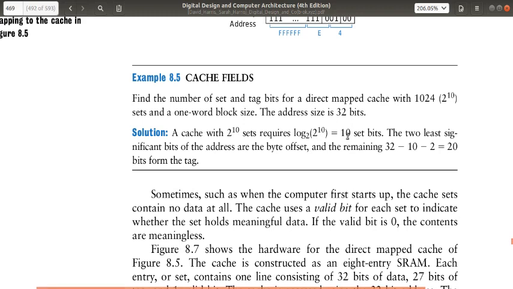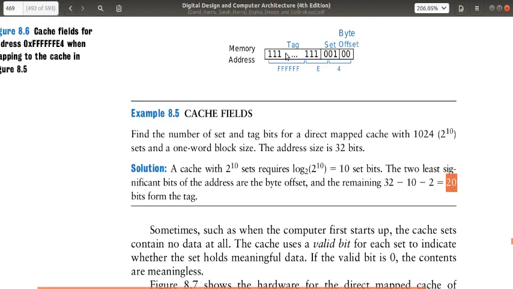The last 2 bits are used for byte offset, which we are not using as tag bits. So 32 is the total number of bits in the physical address, minus 10 bits used for the set bits, then 2 bits for the byte offset. So 32 minus 10 minus 2 is 20 bits for the tag.